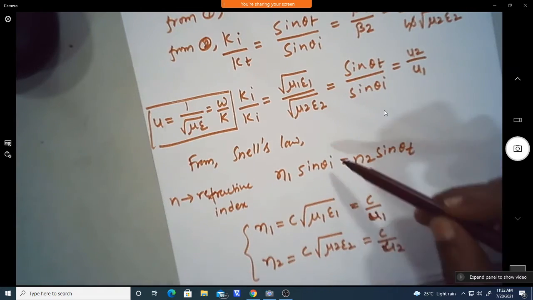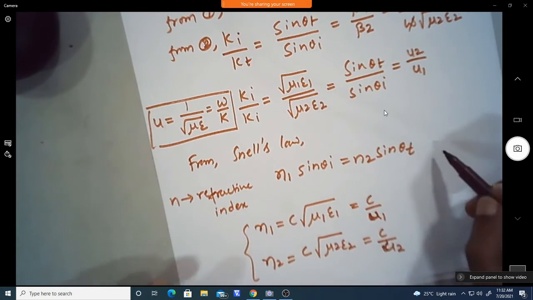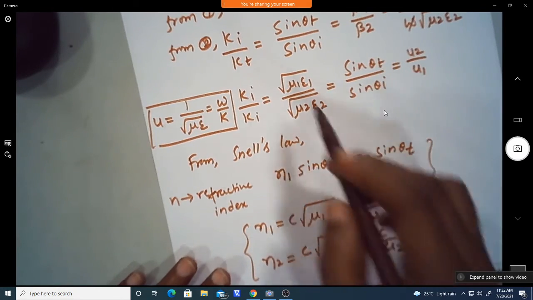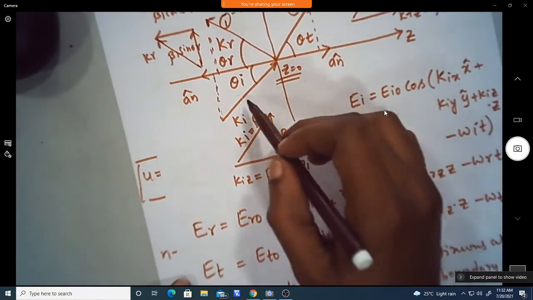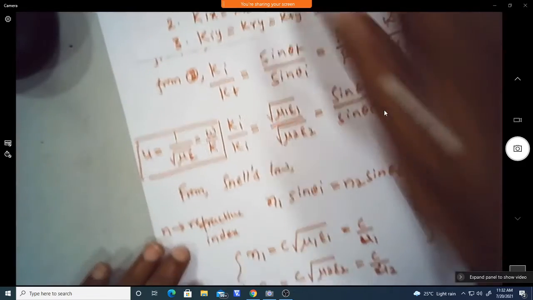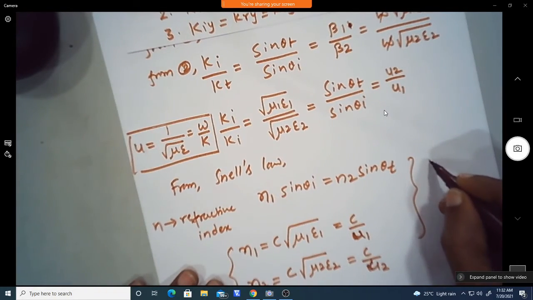Based on these general preliminary equations, this is a general case. Based on the angle of incidence at oblique incidence, we have two more cases. What are the two cases?